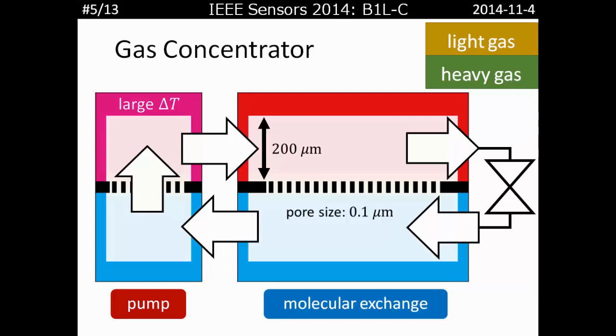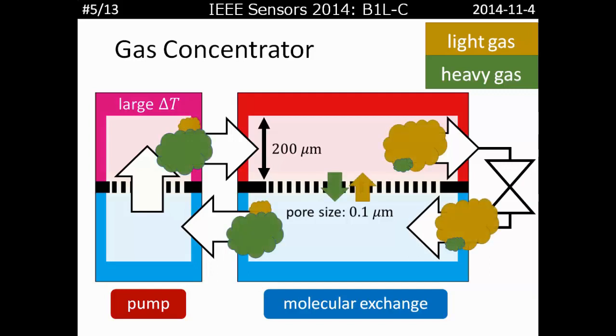In the pump, the gas flows upward by thermal transpiration flow to drive the circulating flow in the device. And in this molecular exchange part, the temperature difference is balanced with the pressure difference caused by this valve, so that the molecular exchange flow is induced through the membrane.